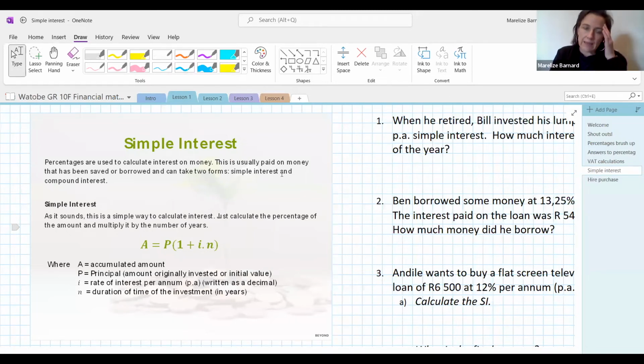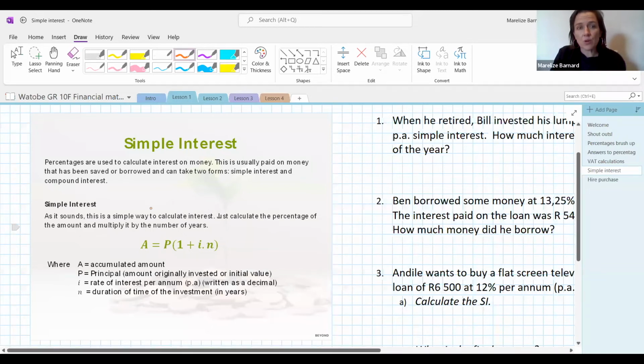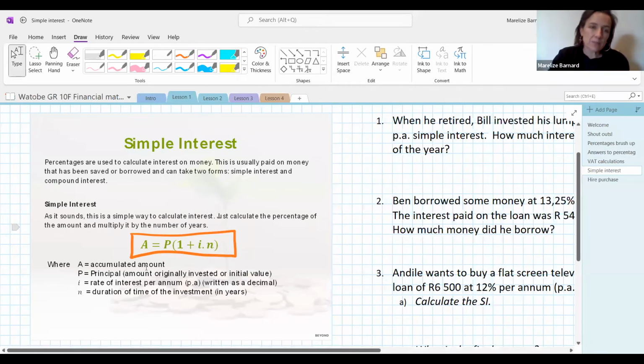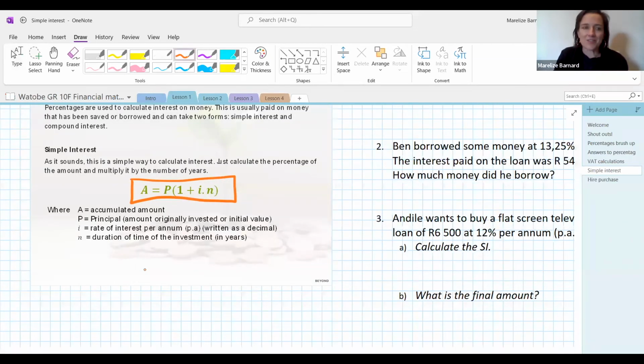So when we calculate simple interest, we do have a formula. It's good to have a formula, but it's also important to know how it works and what it means, and how simple interest is different to compound interest. So I'm going to use a simple example of 100 Rand.